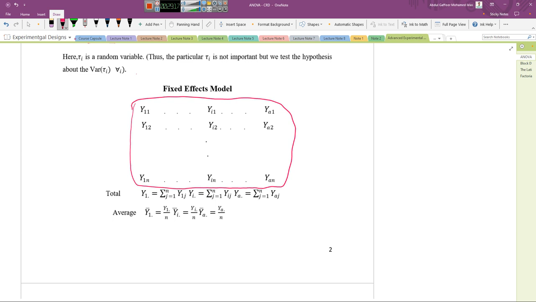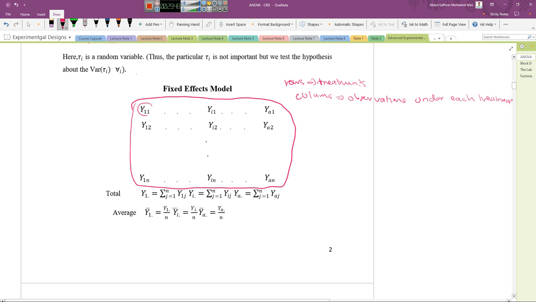Here the rows are the treatments, and the columns are the observations under each treatment. So here we have a number of treatments.